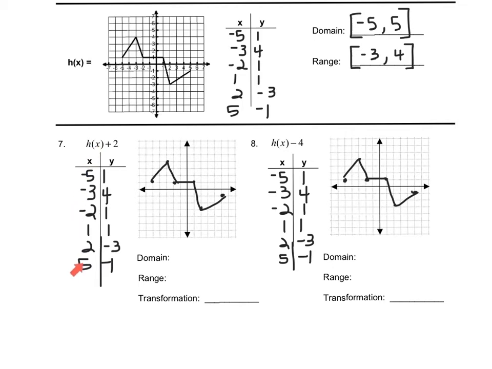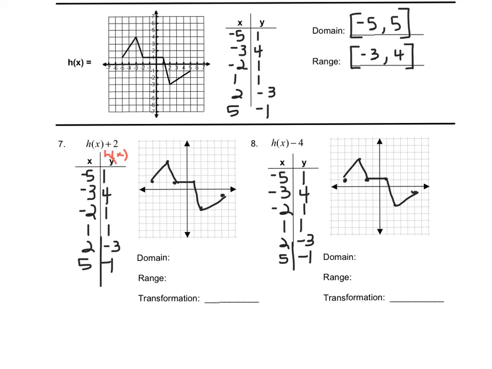I'm plugging the x into the function, and this value is my h of x. We spoke about this a little bit the other day. Y and h of x can be interchanged. So this value right here is my y value, or it's my function of h evaluated at x value. Okay? All it's telling me to do here is take that value and add 2.